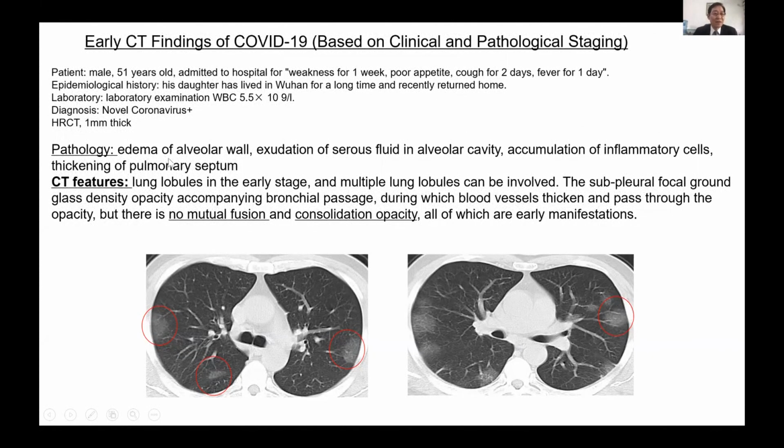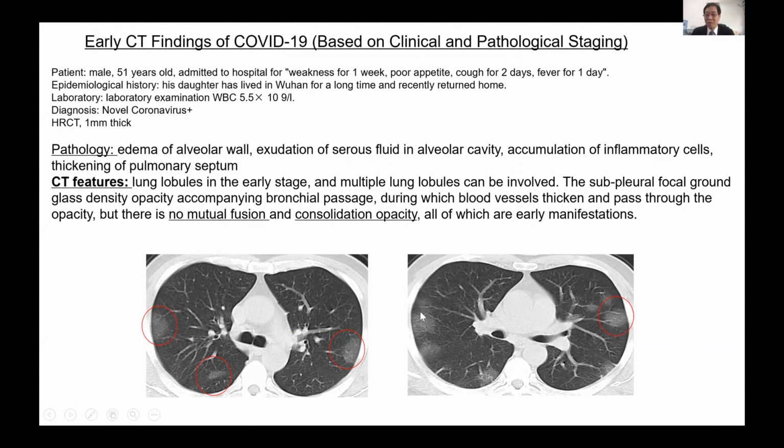This case is early stage. CT features show lung lobules in the early stage. Multiple lung lobules can be involved.